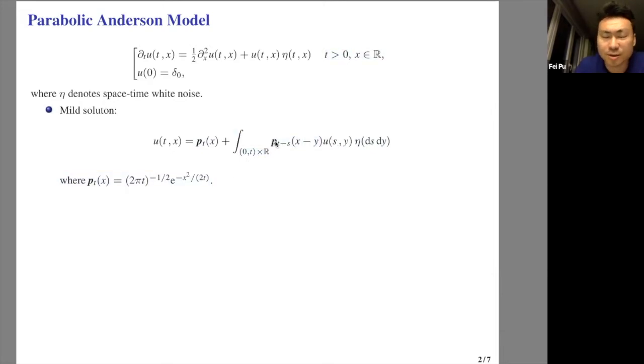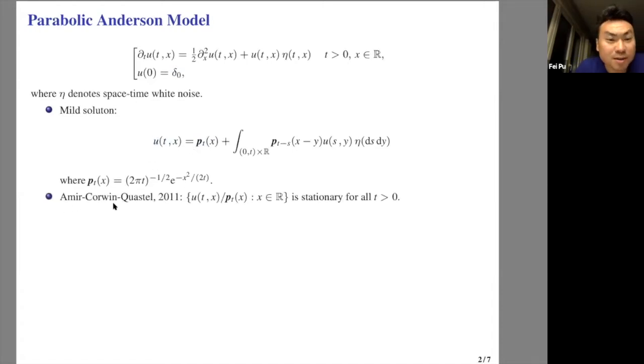This integral is in fact the space-time convolution between the heat kernel, the solution, and the space-time white noise. And this first quantity comes from the initial condition. We know that the convolution between the heat kernel and the Dirac measure gives us the heat kernel. So this one comes from the delta initial condition.